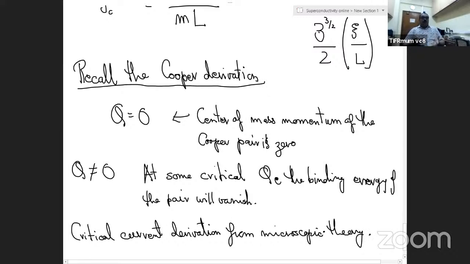So I would like all of you to go back, look at Ketterson and Song or derive it yourself, and try to estimate how this critical current compares with the critical current that we have now derived for Ginzburg-Landau theory.